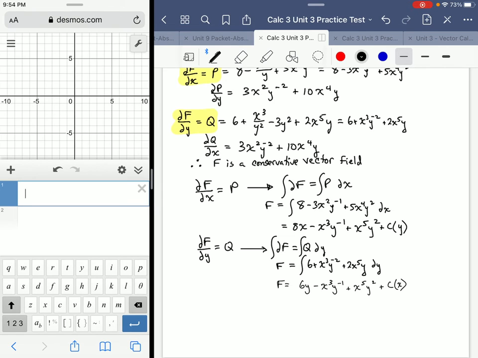Alright, so we have those two differential equation solutions, but they're in general form. We want a particular solution. Alright, so we've got a little bit more work to do.